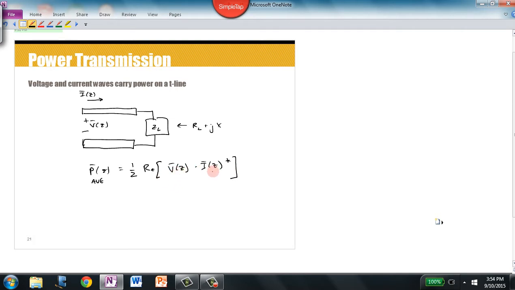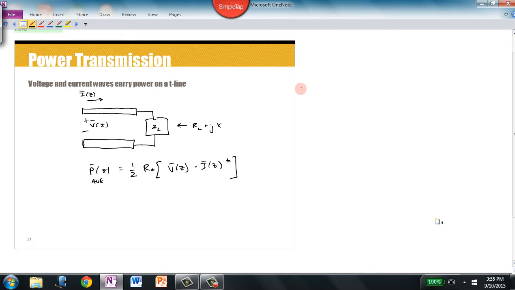And both V bar of z and I bar of z in this notation must be in peak form. They have to be the peak phasor form, not the RMS phasor form, because we have this 1/2 outside. If these were in RMS, we wouldn't use this 1/2. So let's begin to analyze this situation.